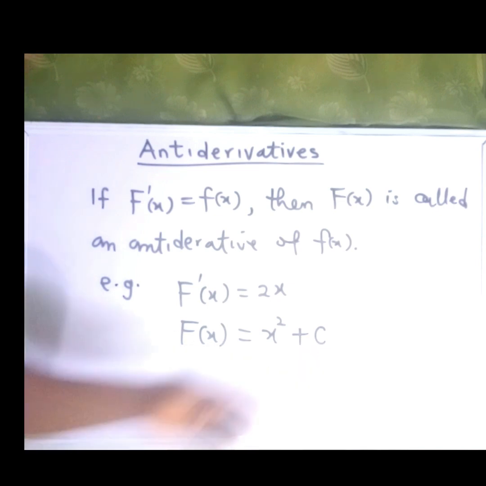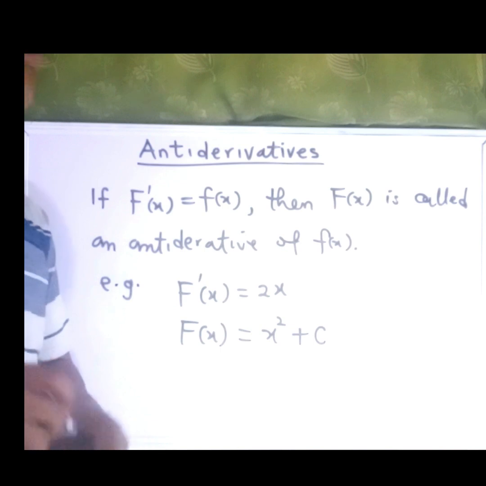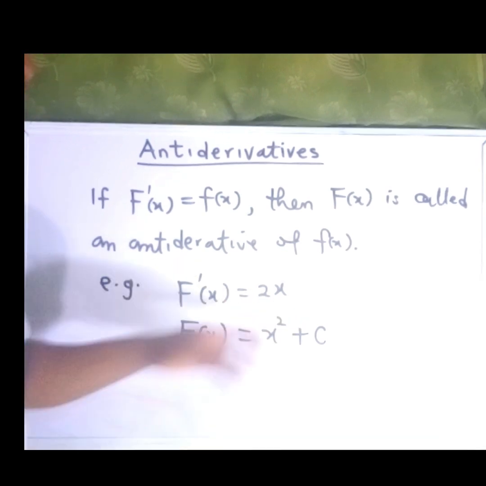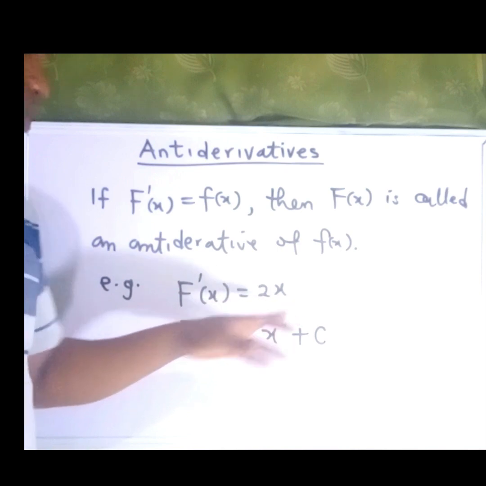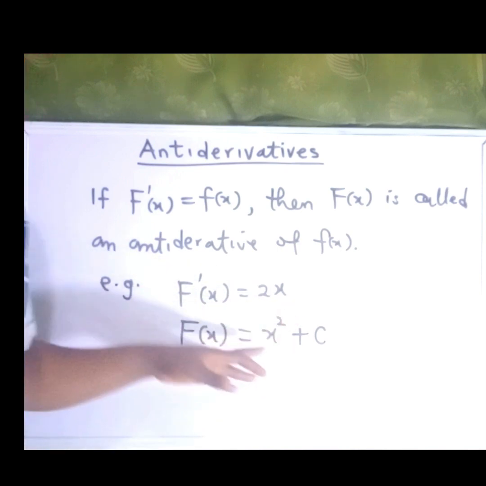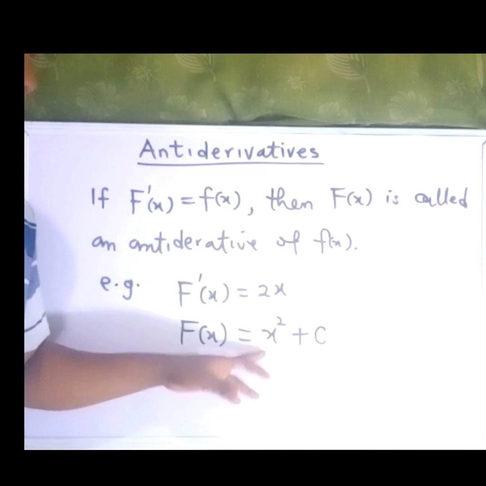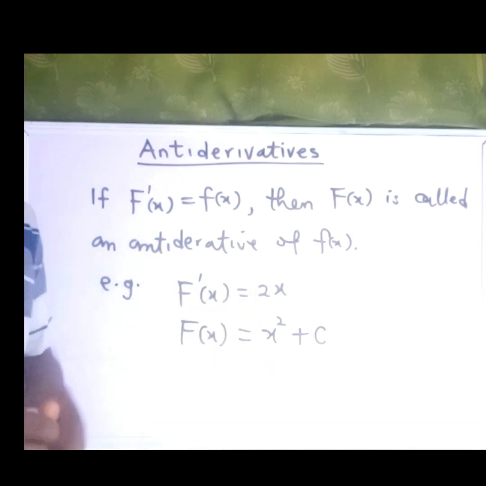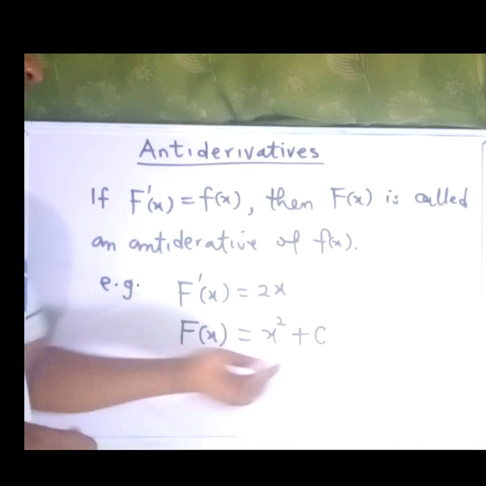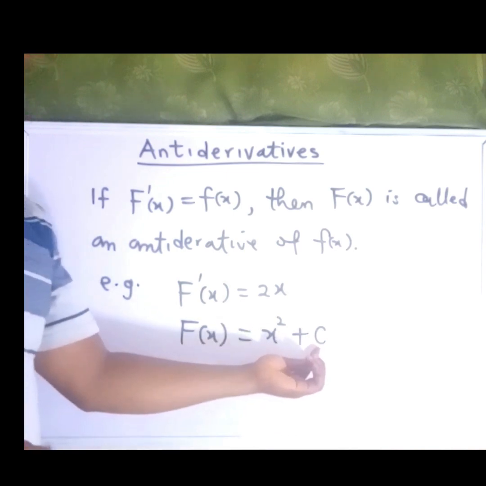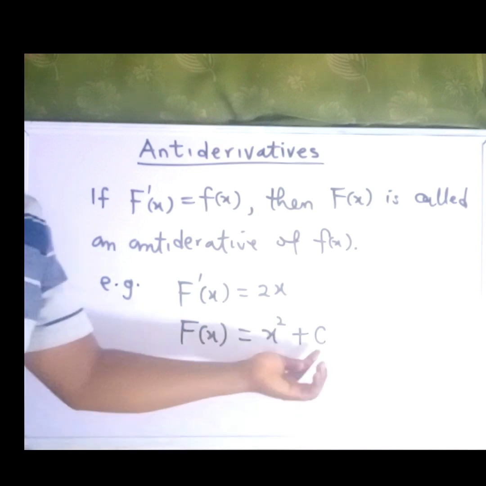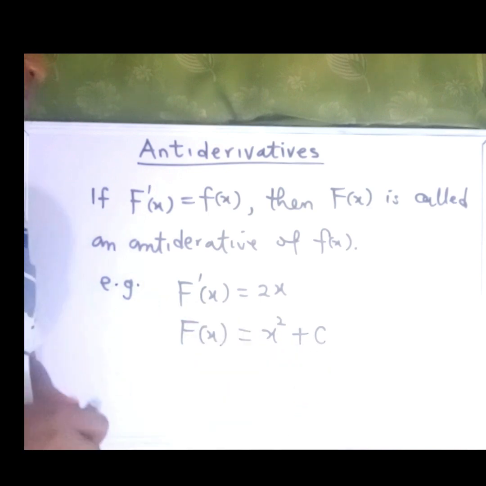Okay, so the reason for this c is that if we have a slope 2x, there are many curves whose slope is 2x. And then this c will be taking care of any constant or any arbitrary term that is added to this function. What we are saying in essence is this.